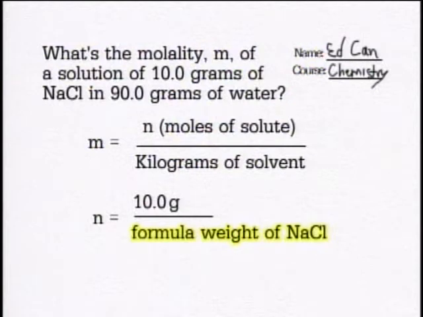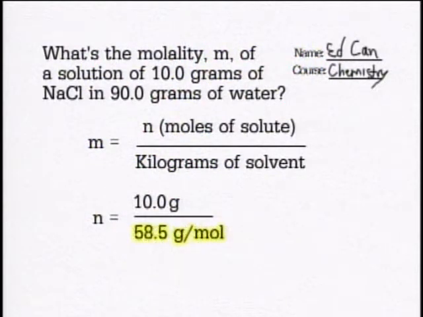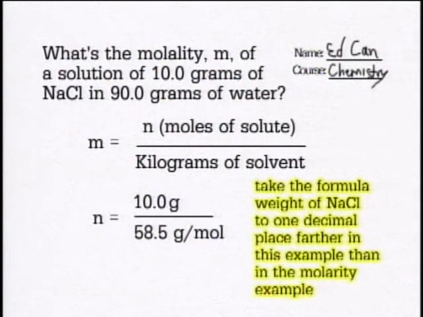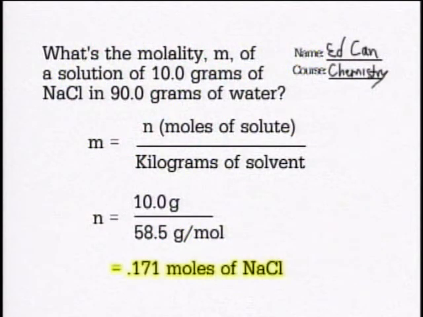The formula weight of NaCl is the sum of the masses of the atoms in NaCl's empirical formula, which comes to 58.5 grams per mole. We're taking the formula weight of NaCl to 1 decimal place further in this example than we did in the molarity example, because this time we're using 3 significant figures in our calculations. As before, we get 0.171 moles of NaCl.